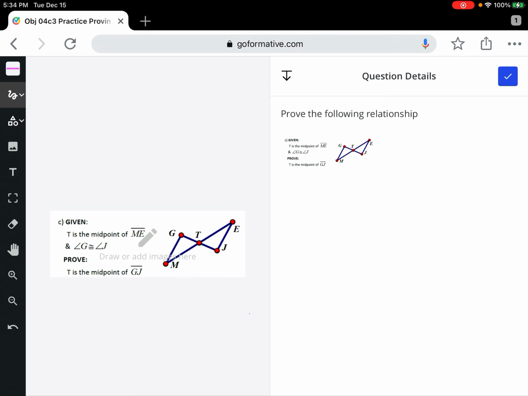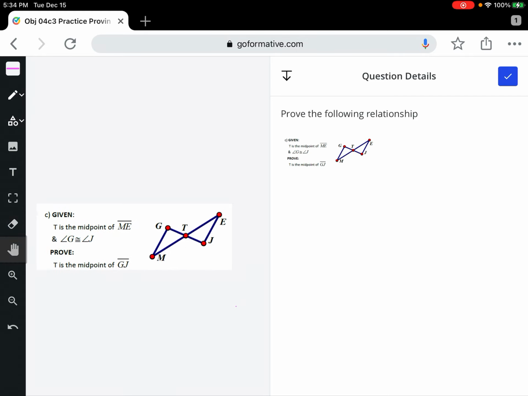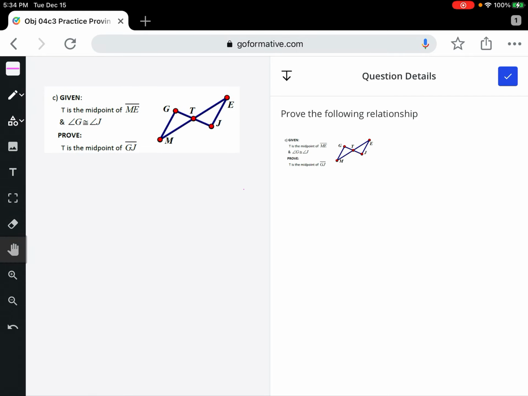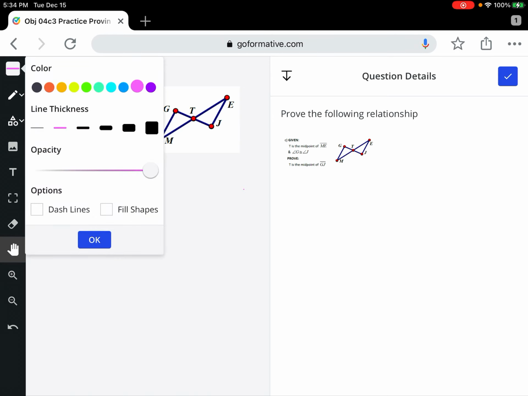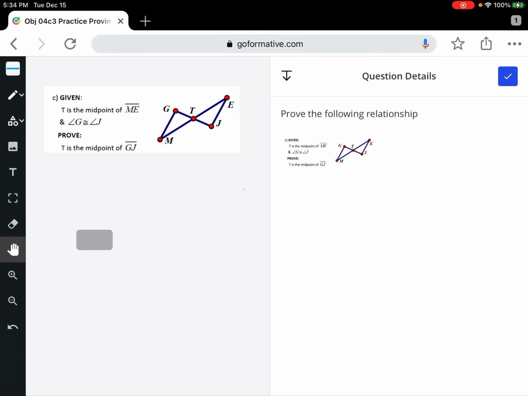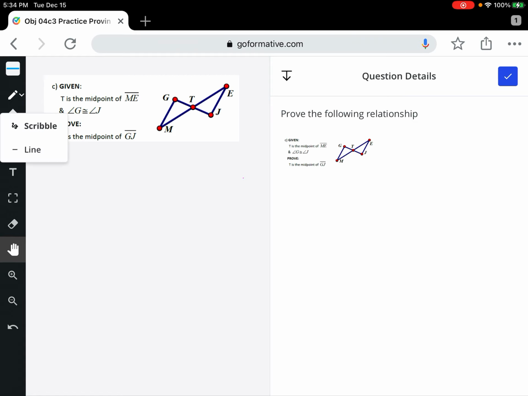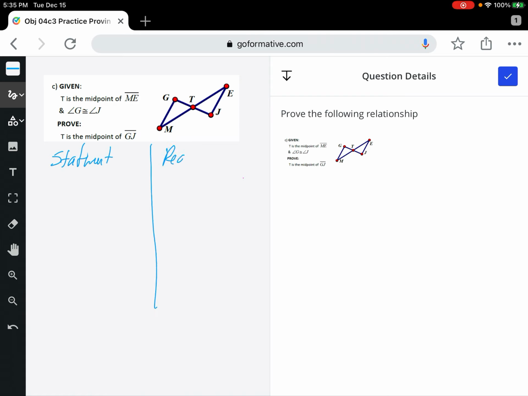Number 3, this one's a little bit more complicated. I'm actually going to move this proof up a little bit. Things got a little goofy with this. So you have my statement, then I have my reason. The first thing is T is the midpoint of ME, and that's given to me.